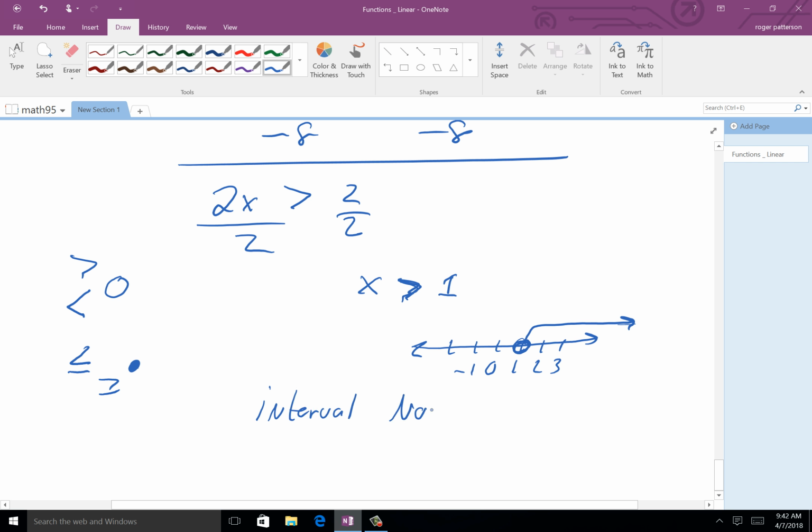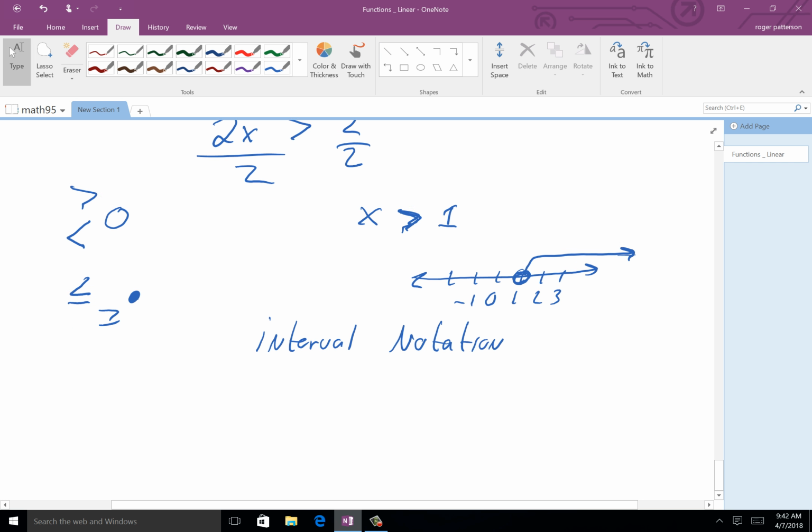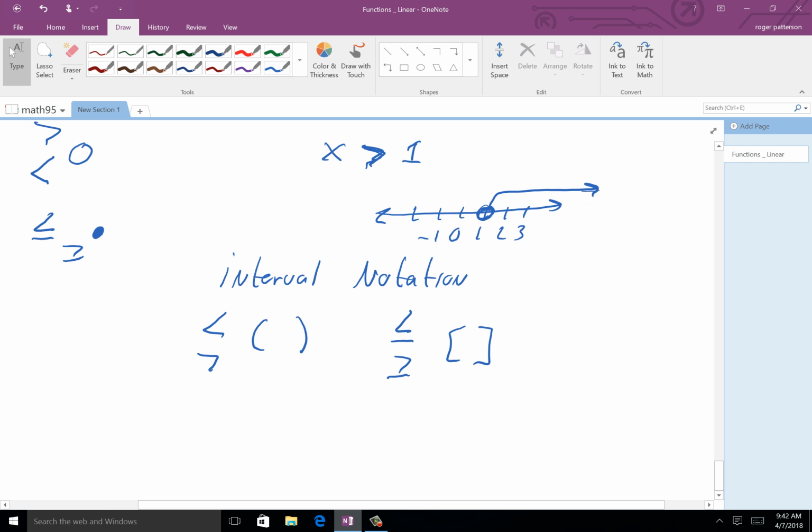All right, so in this case, I would solve the equation. First of all, I'm going to start with a parenthesis because I have this as my sign. So I'll go parenthesis 1. And then since that graph goes to 1 and goes on forever, we put infinity parenthesis. Infinity always has a parenthesis. So this is called interval notation.